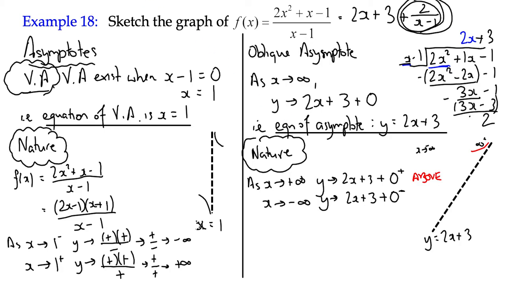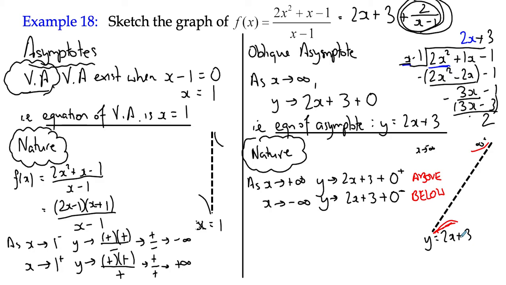That means the y coordinate is going to be just below the line y equals 2x plus 3. It's going to be down underneath the line, so the curve is going to drop in from underneath. So that's got the nature of our asymptotes.